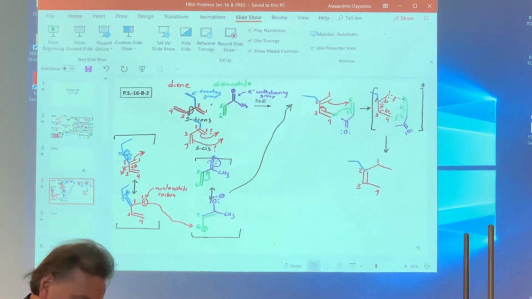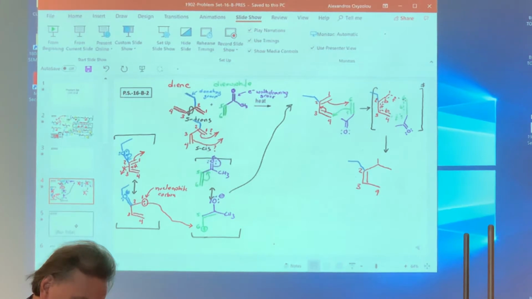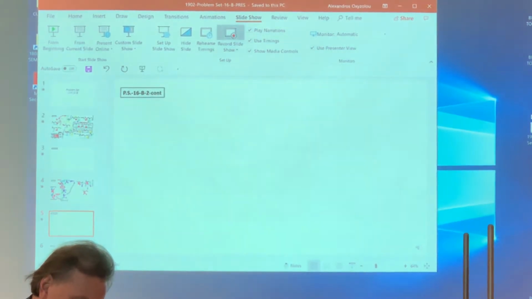So let's do this. Go over here. I want to save this, because if I talk about this slide, it will erase it. So I'm going to go to the next slide and continue there. That's why there are extra slides. Okay, so let me continue in this area here.